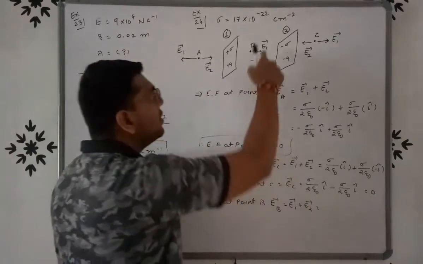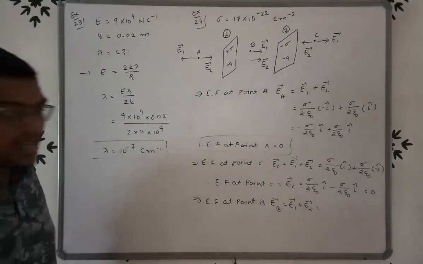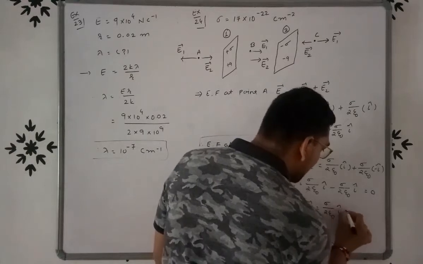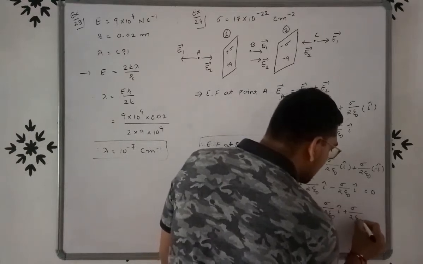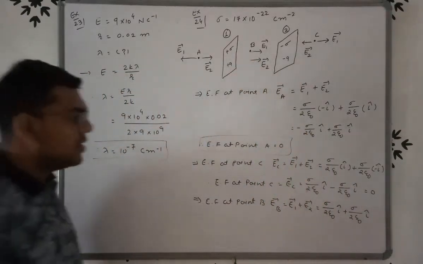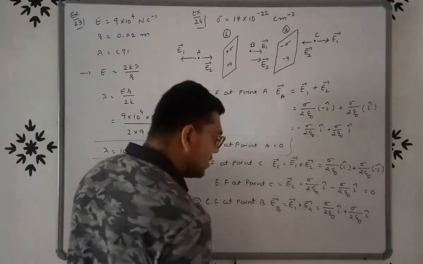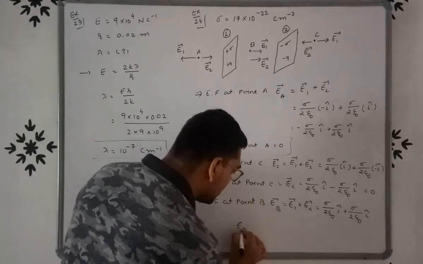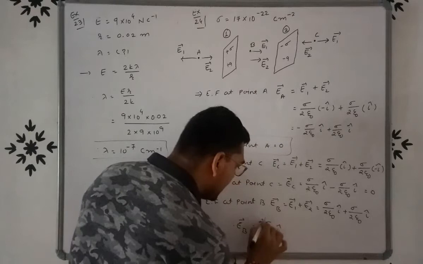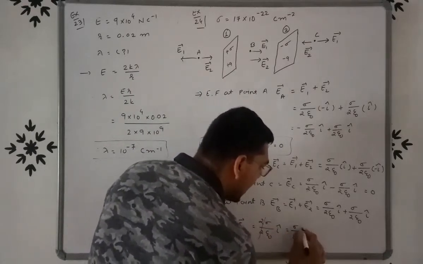Now the directions of E1 and E2 are the same, in the positive x direction. So sigma upon 2 epsilon 0 i cap plus sigma upon 2 epsilon 0 i cap. That gives EB is equal to 2 sigma upon 2 epsilon 0 i cap. The 2s cancel, so sigma upon epsilon 0 i cap.